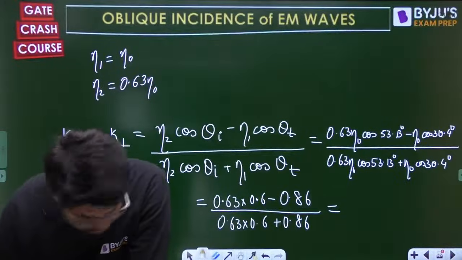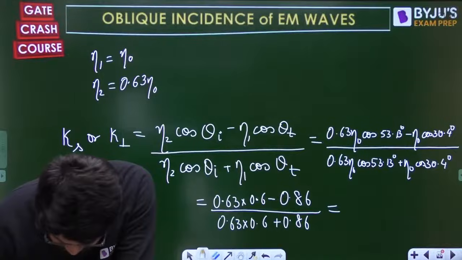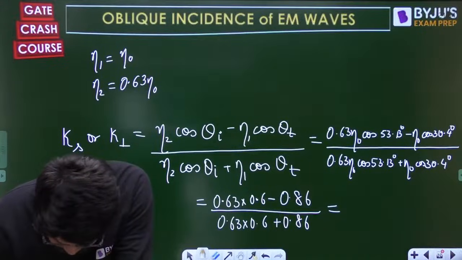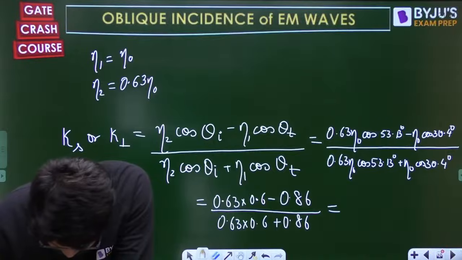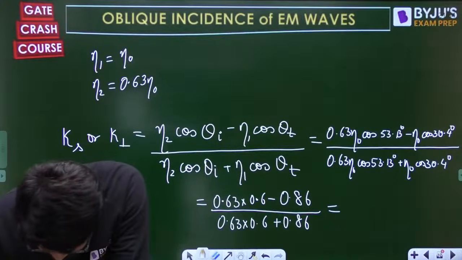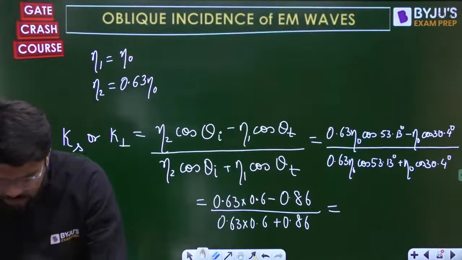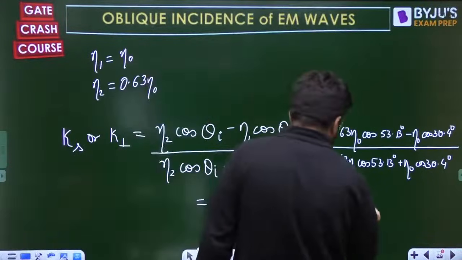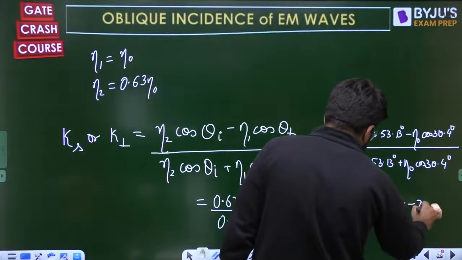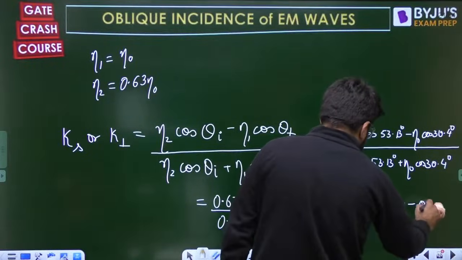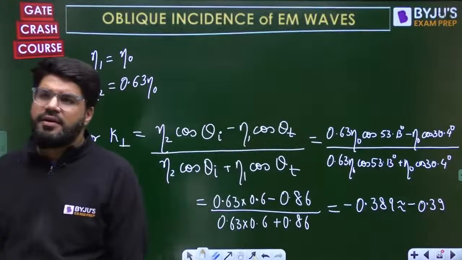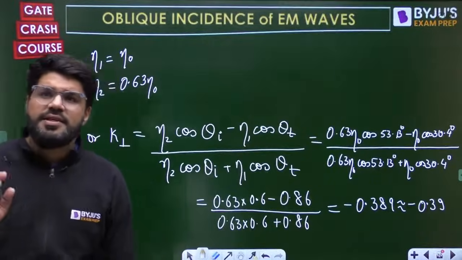We have minus 0.389, or approximately minus 0.39. That itself is sufficient. Minus 0.39, correct? That is the reflection coefficient.